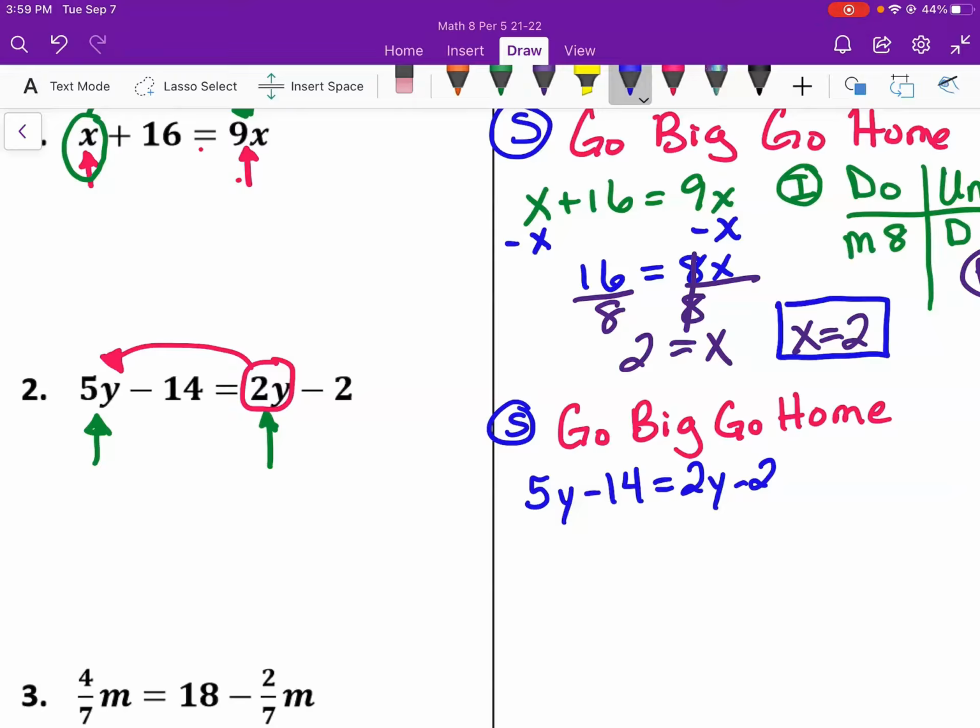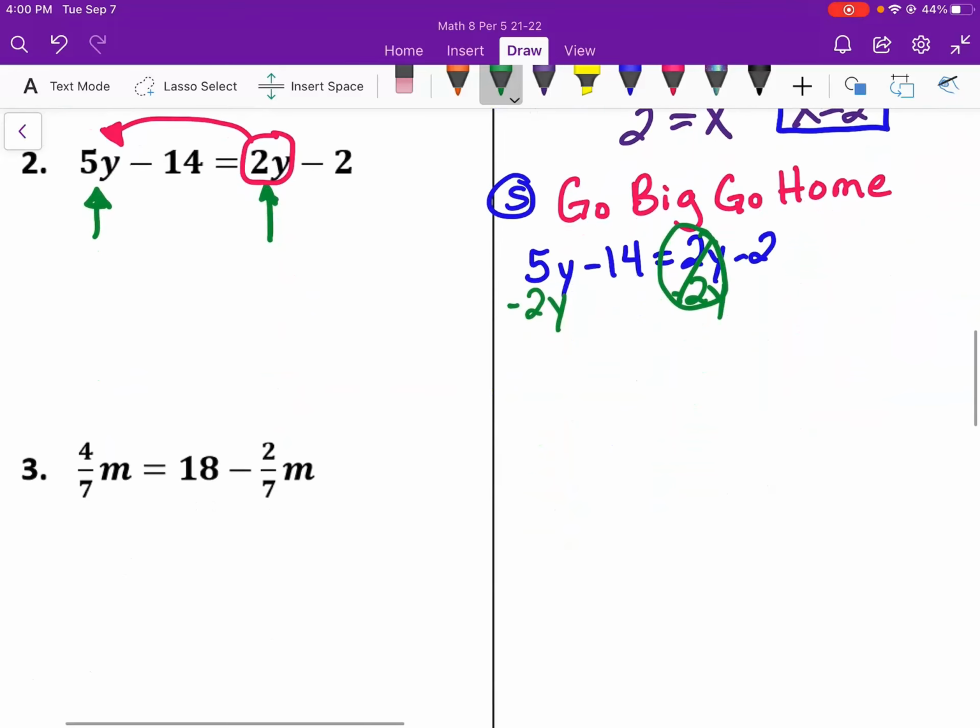So then, inverse operations, I'm going to do minus 2y to both sides. There's my opposites. And then 5y minus 2y is 3y. Now I'm down, one more thing. On the right-hand side, what remains?